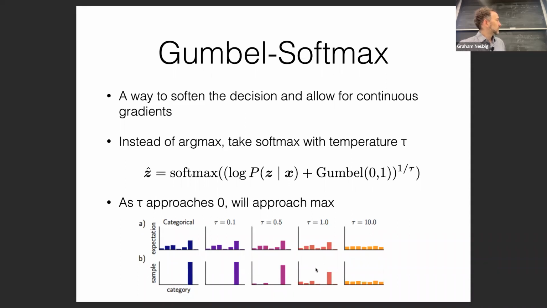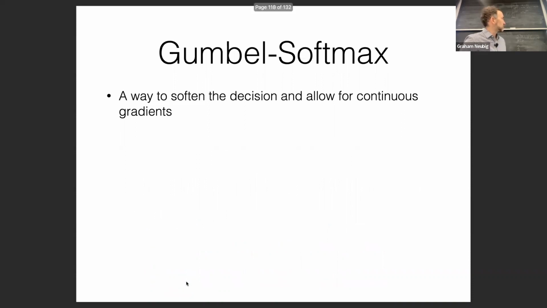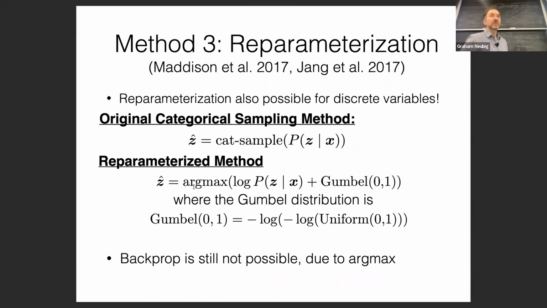And if we raise the temperature, it will flatten out and become more flat. So one thing that we can do is gradually go from having a relatively high temperature to having a low temperature, which allows us to start out with a smooth distribution that's easy to optimize, and then gradually work our way towards actually optimizing something that looks pretty close to this argmax here.